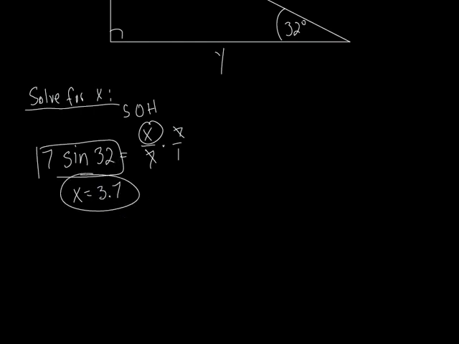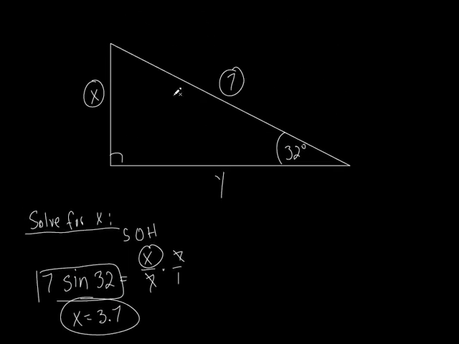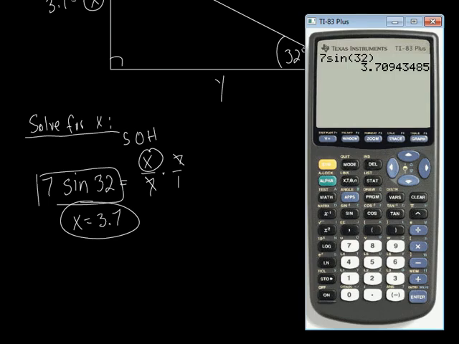So that's one of our answers right there. Isn't that cool? So that's this thing right here. It's 3.7. Now if you wanted to, you could do Pythagorean theorem now, couldn't you? To solve for y? But I'm not going to. 3.8? You shouldn't. No, you didn't. Not if you put 7 times the sine of 32, you didn't get 3.8.